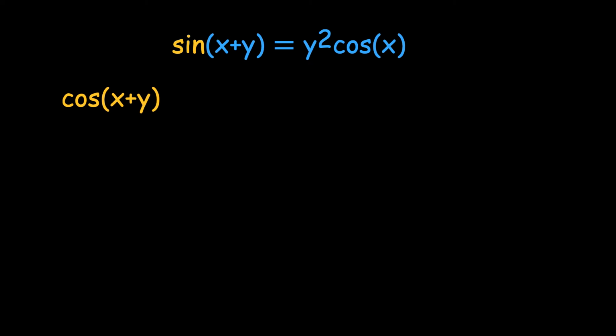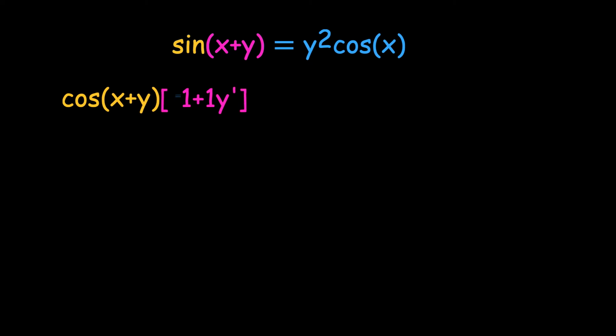After we get the derivative of sine, we need to get the derivative of x plus y. So the derivative of x is 1, and the derivative of y is 1. Whenever we get the derivative of the given algebraic expression with a given variable y, do not forget to put y prime.